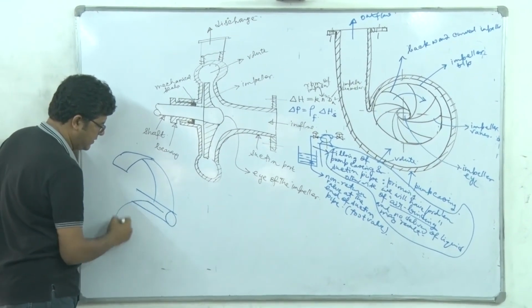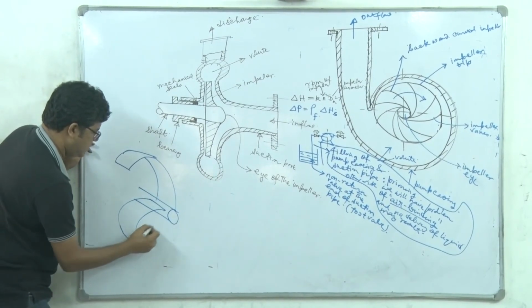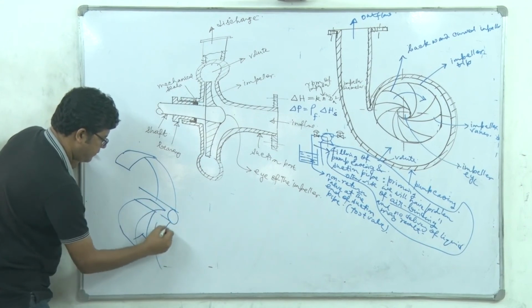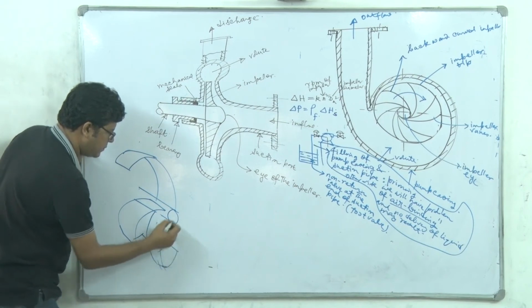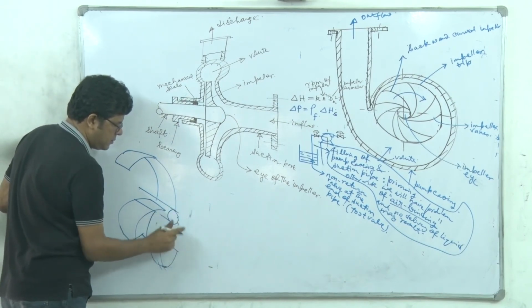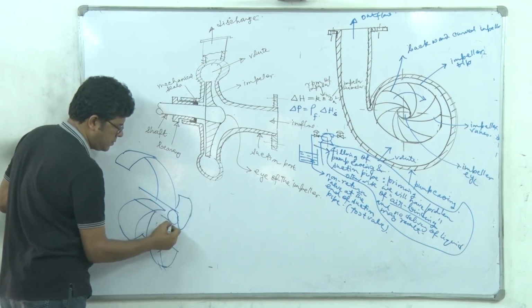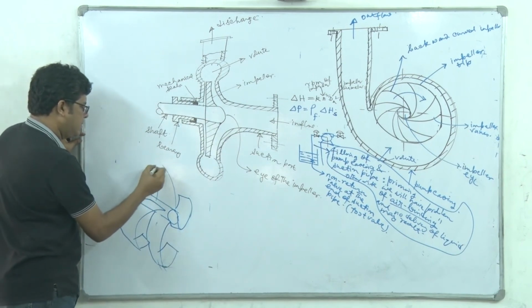So there may be another vane like this, maybe another vane here, and here another vane. So we have this sort of structure.